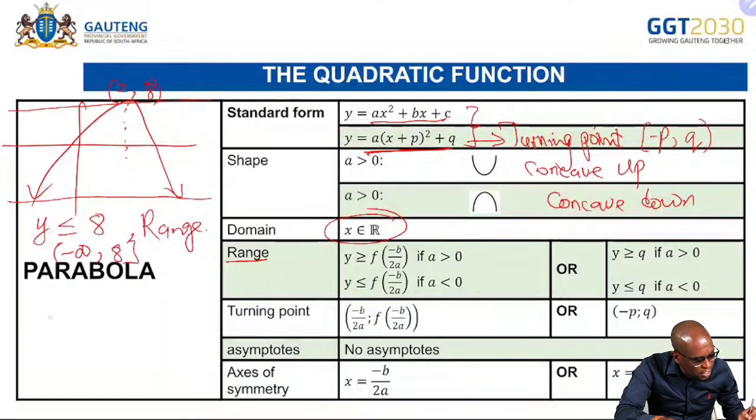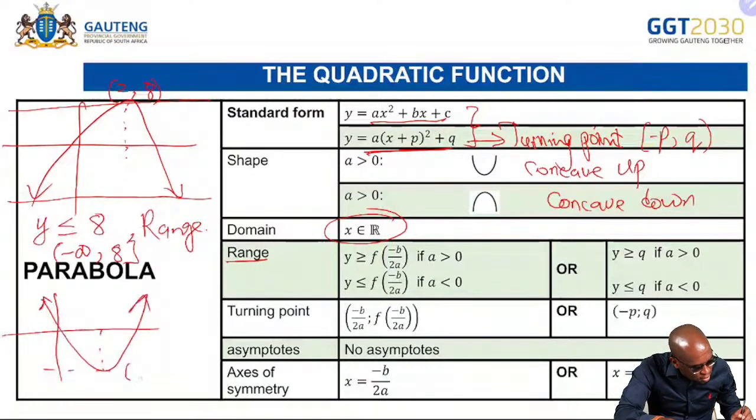But if this was a concave up parabola, say the turning point was (1; -6), then this graph would have the range y greater than or equal to -6, or you can write it as -6 included to infinity.